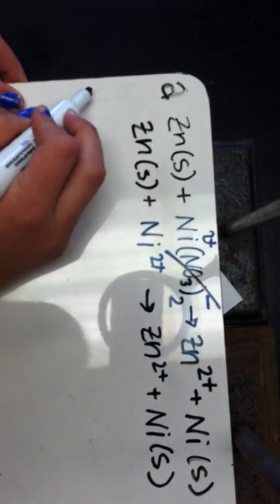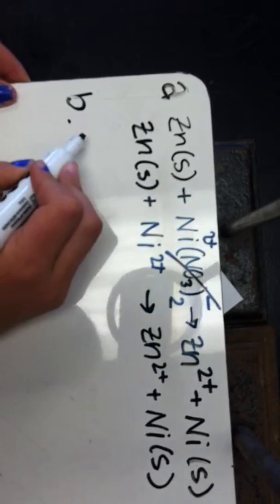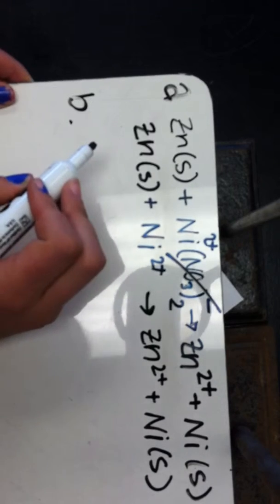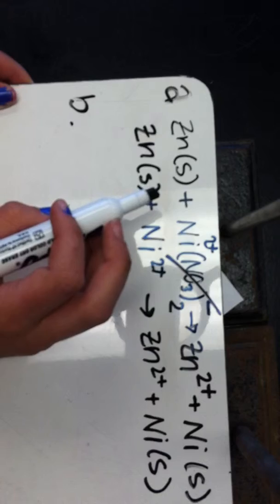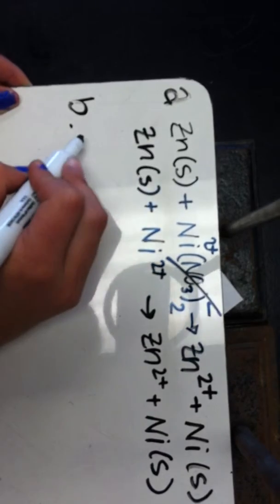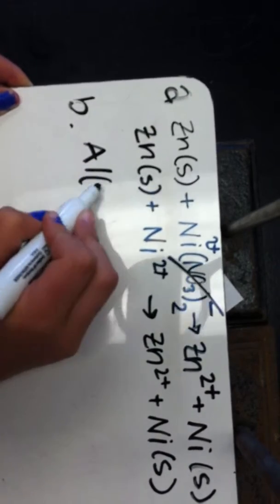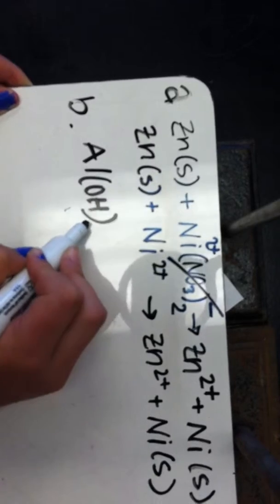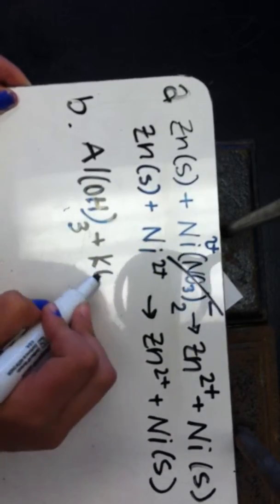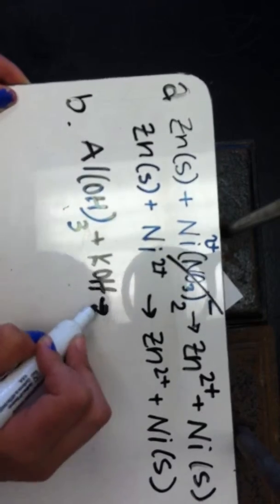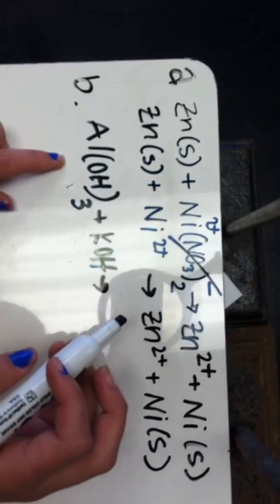So the next one is we have solid aluminum hydroxide is added to a concentrated solution of potassium hydroxide. So we know that's aluminum OH, and aluminum has a charge of 3 plus. KOH gives you, and this is a complex ion.